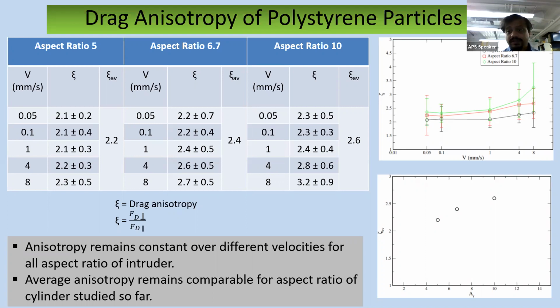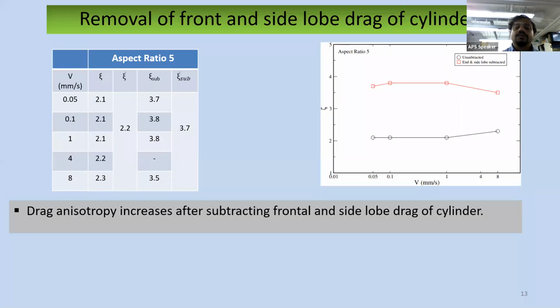It needs further study for us to determine exactly the effect of the aspect ratio on the drag anisotropy for polystyrene particles. As we saw for hydrogel particles, here also in polystyrene particles, we have seen that drag anisotropy increases as we subtract the frontal and side lobe of the cylinder.